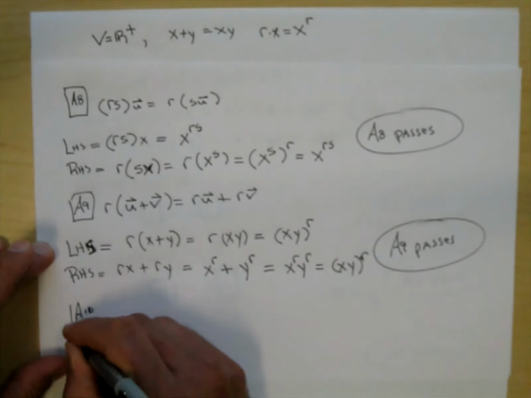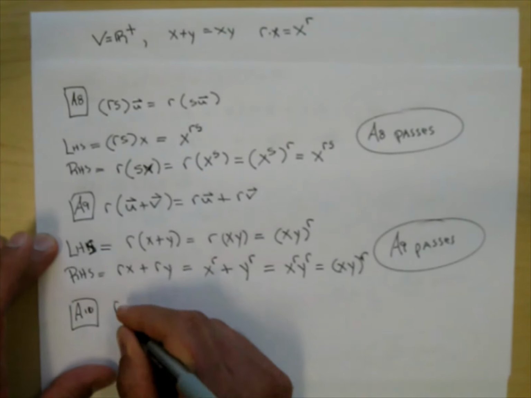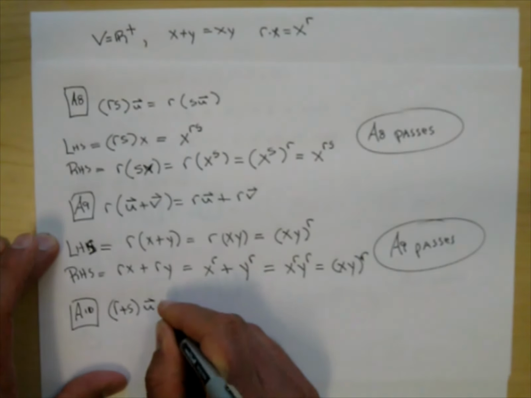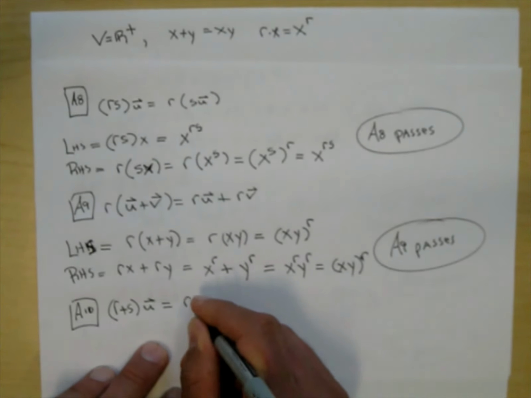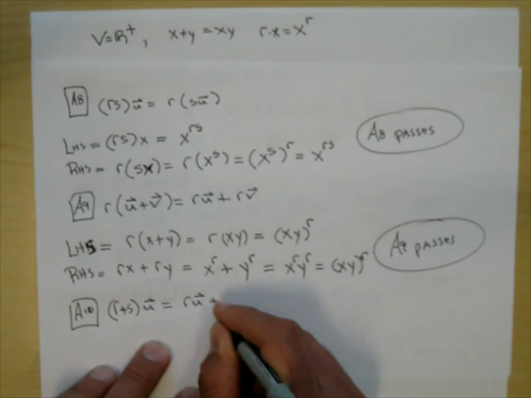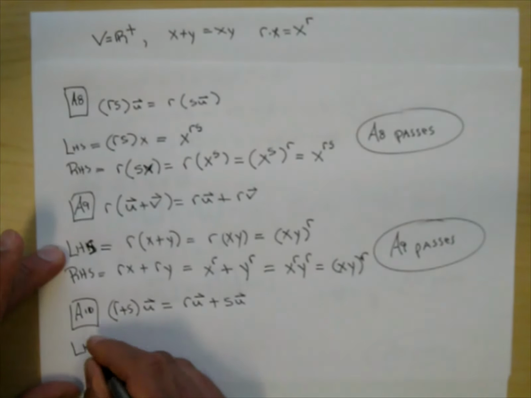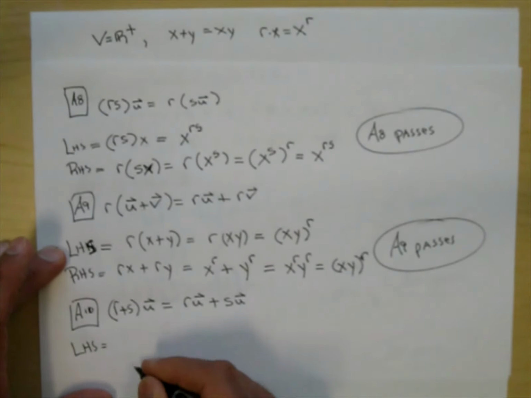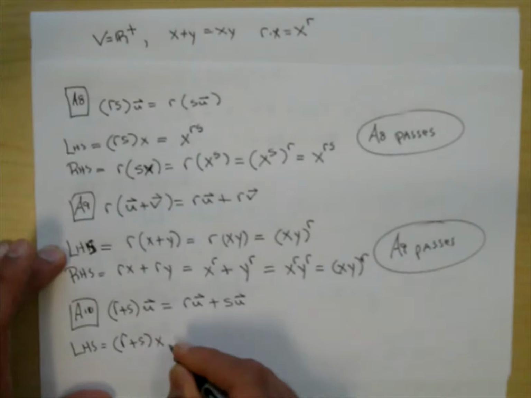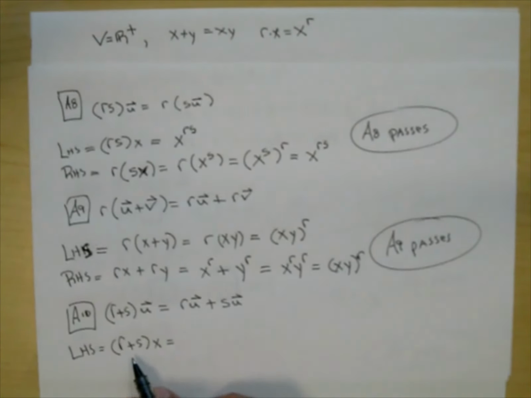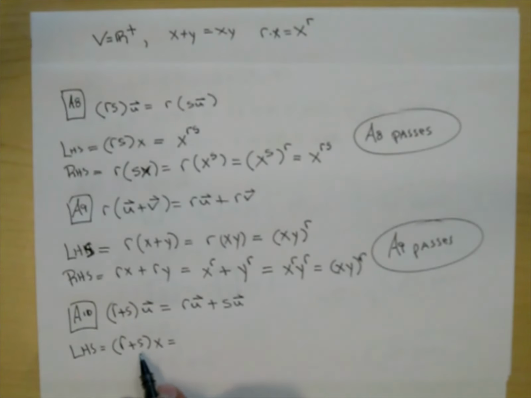A10, let's check this one out. R plus S times vector U should equal RU plus SU. Okay, so the left-hand side, I'm going to say R plus S times X. We're going to do that multiplication. This is scalar addition here, so it's not funky addition.